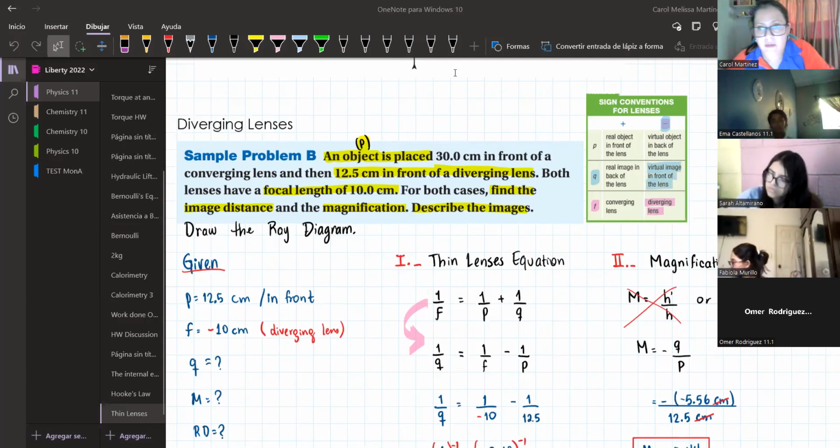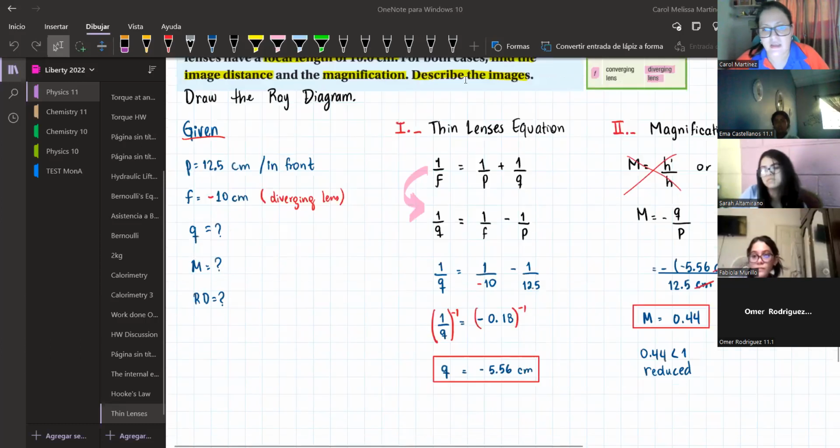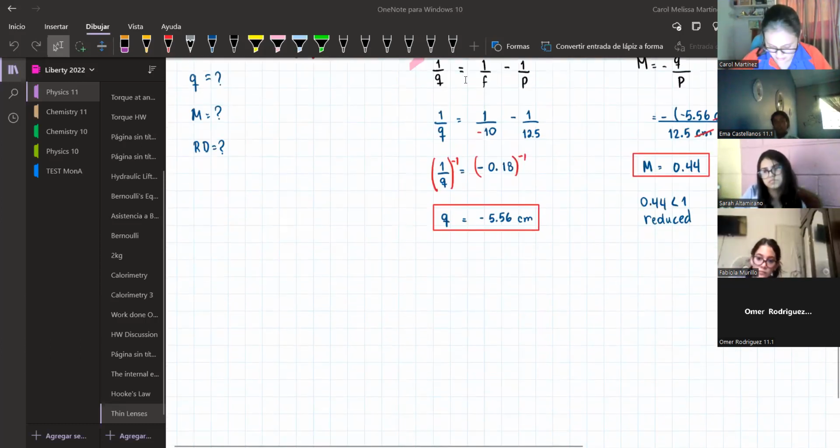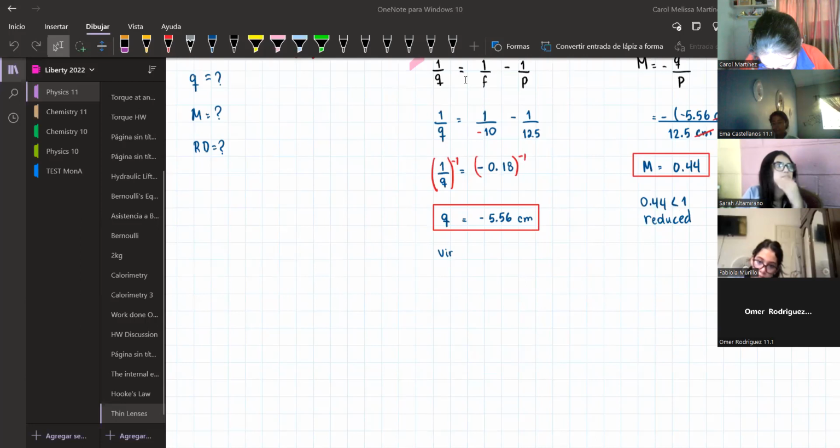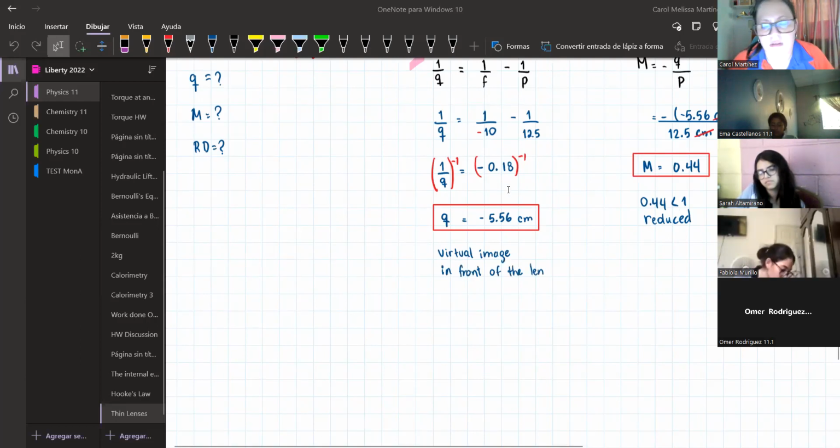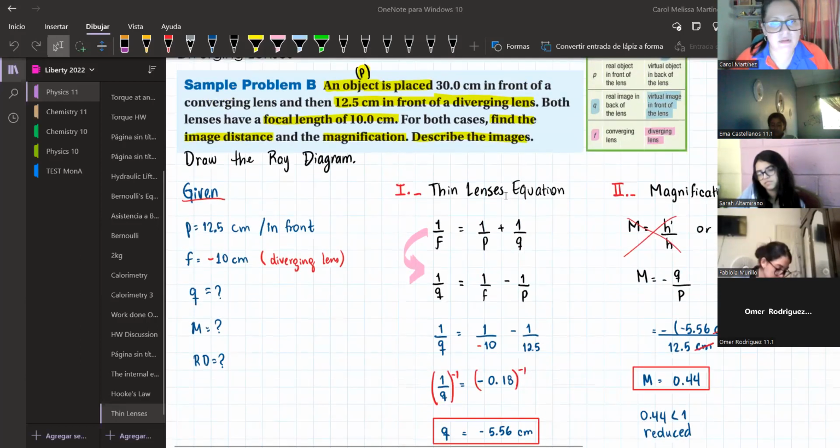So when you have a Q negative, we have to describe the image. It's described here in this tiny table. So it's a virtual image, and it's going to be in front of the lens. See, we're using that table. Okay, and we have everything already calculated.